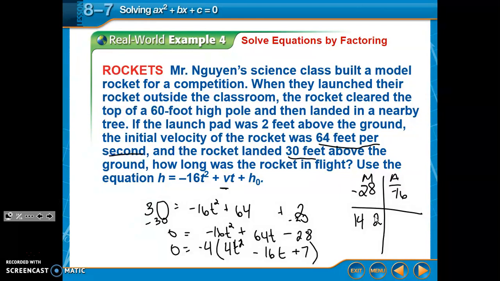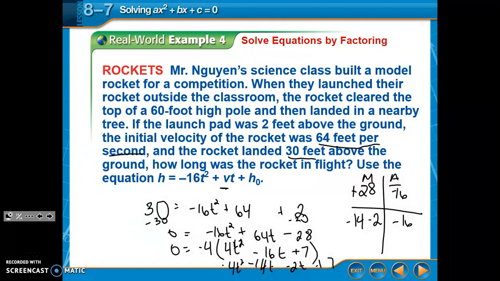Okay, sorry. It's 4 times negative, so it's positive 16. So they're both going to be positive or negative, and when I do this, I do get -16. So it's going to replace this with 4t squared minus 14t minus 2t plus 7.